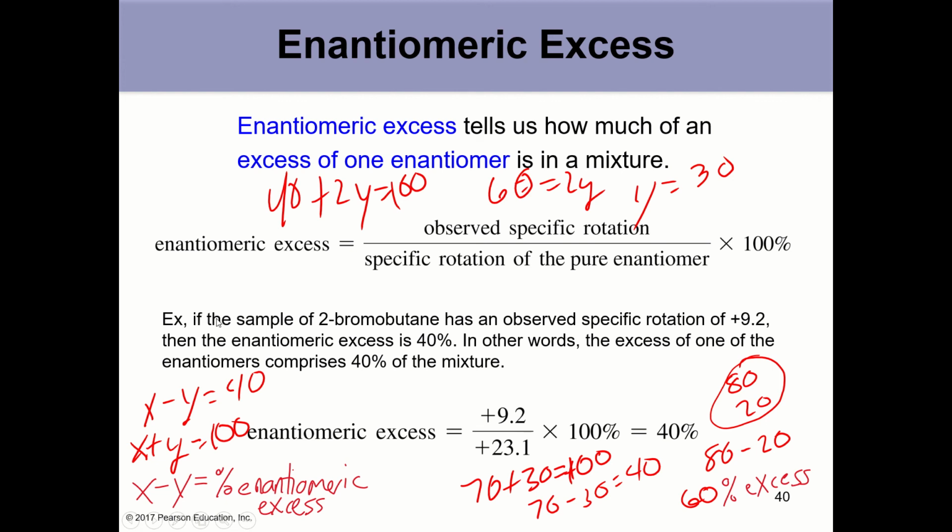So here's a problem. If a sample of 2-bromobutane has an observed specific rotation of positive 9.2, then the enantiomeric excess is 40%. In other words, the excess of one of the enantiomers comprises 40% of the mixture.